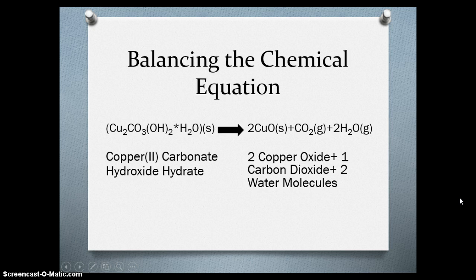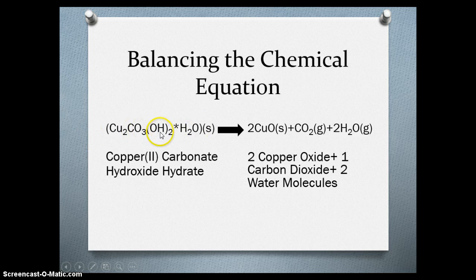Okay, so here's the chemical equation for the reaction that we just witnessed. So we started with this big molecule here, the copper carbonate hydroxide hydrate, and after the reaction, that big molecule was broken down into 3 different types of molecules.